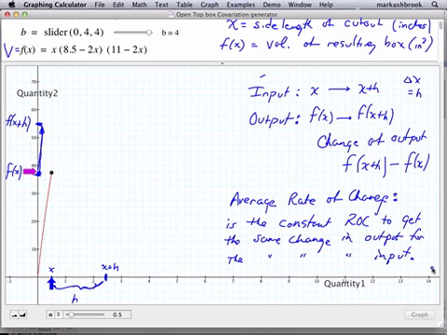It's the exact same principle as average speed, but now it doesn't have to be distance and time anymore. Like for us, it's the square cutout and it's the volume. But it's the exact same principle. It's the constant rate to get the same change in output for the same change in input. So on this graph, what would that look like?